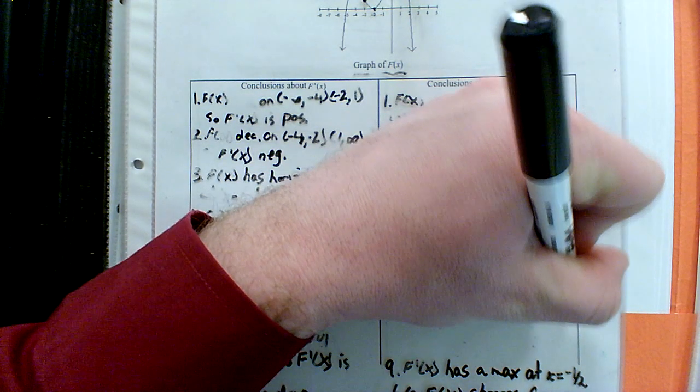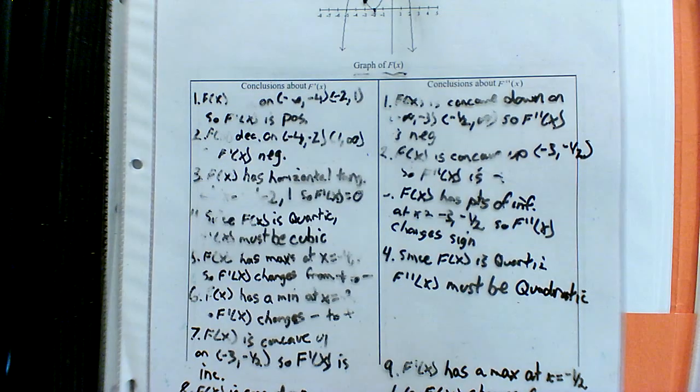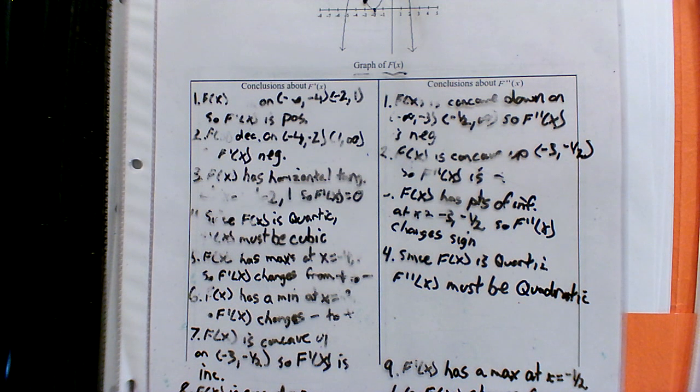Yep, quadratic. How did you know that, or how do you know it's a quadratic? Each derivative reduces it by a power. So the first derivative becomes a cubic, and then the second derivative becomes a quadratic.